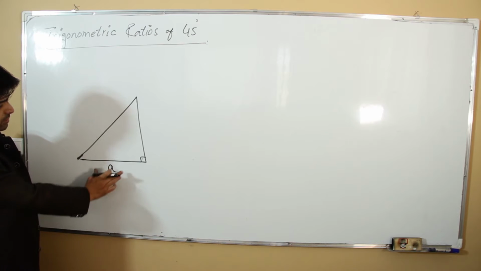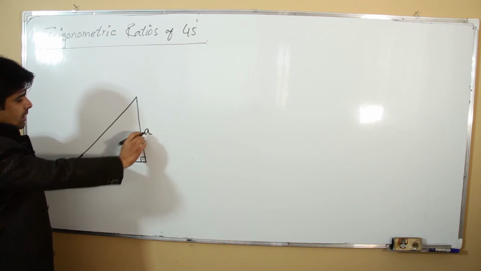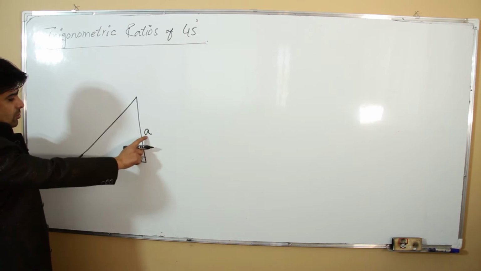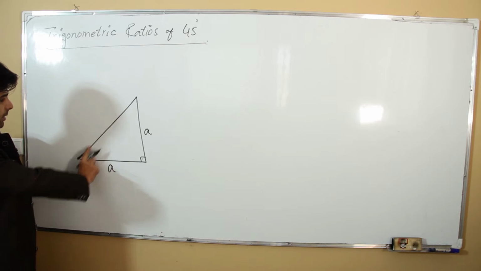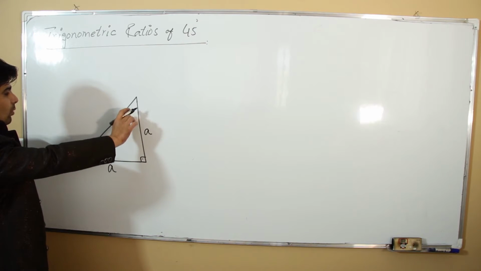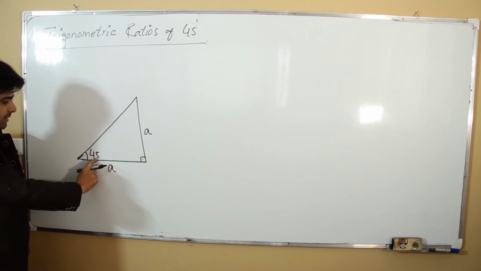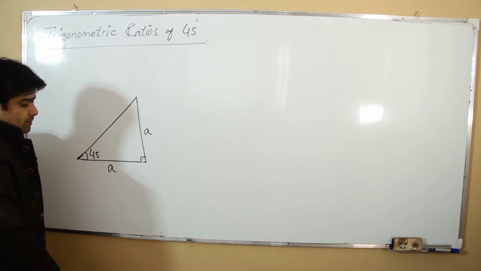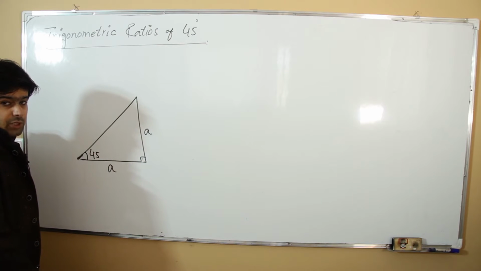This side is A, this side is A. And you know, if the sides are equal, then this angle and this angle are the same, and it is, of course, 45. And this one is also 45. Why? 45 plus 45 is 90, and 90 plus 90 is 180, which is the inner angle of the triangle.